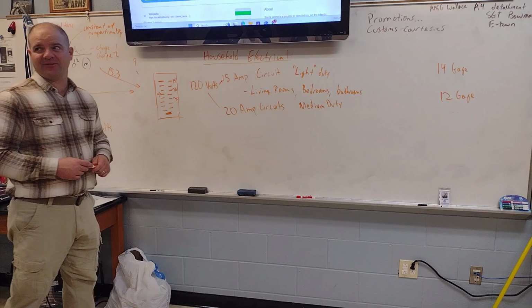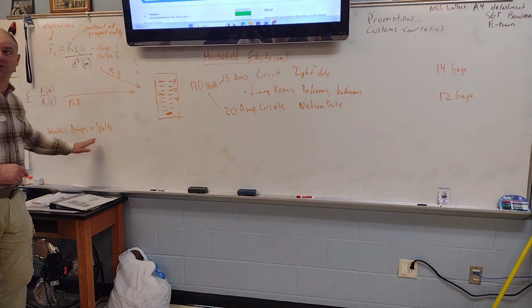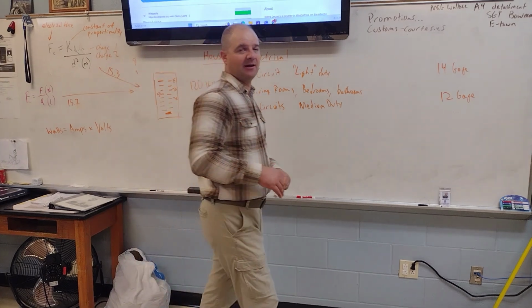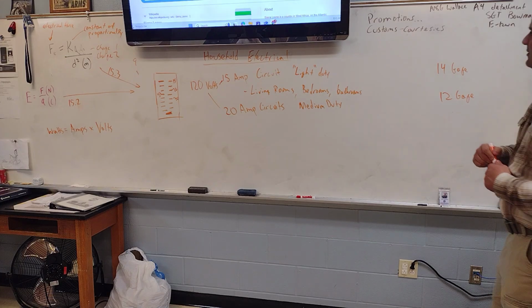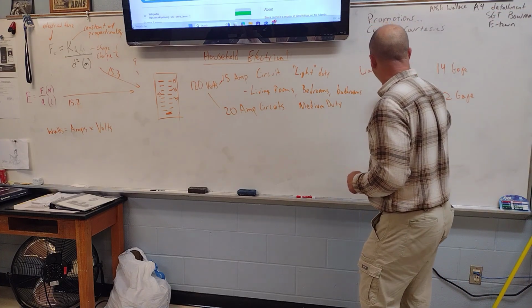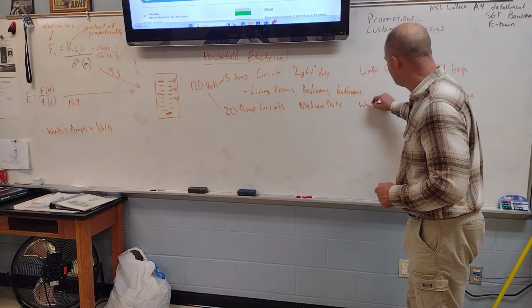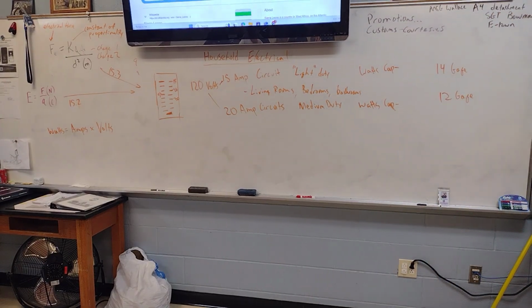Now let's look at capacity. 120 volts, look, amps times volts gives us watts, right? With your calculator, go ahead and in your notes, write down how many watts capacity each one is.